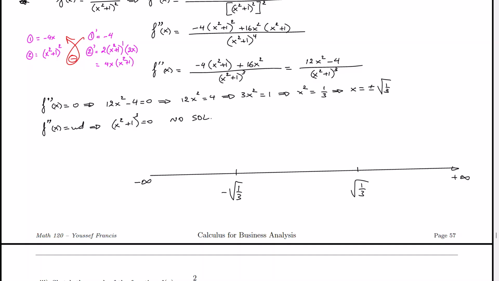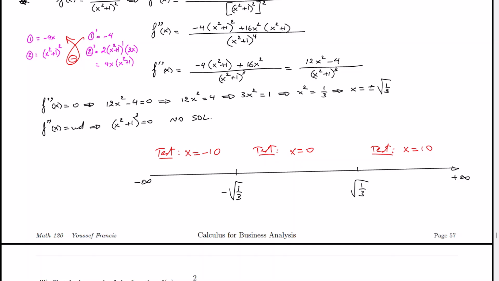And so we need some test values. I'm going to test some random numbers. The numbers I'll test are, let me use red, -10 and 0 and 10.